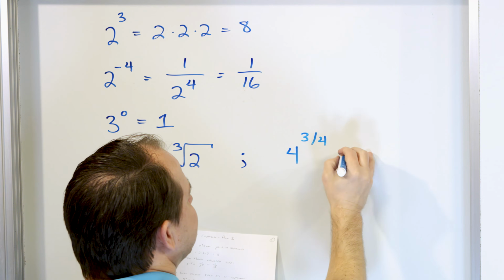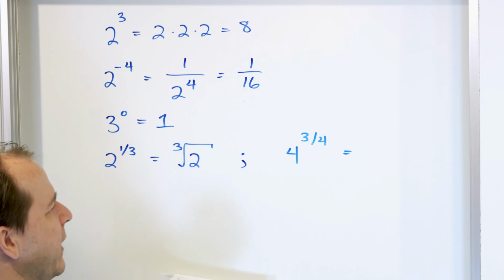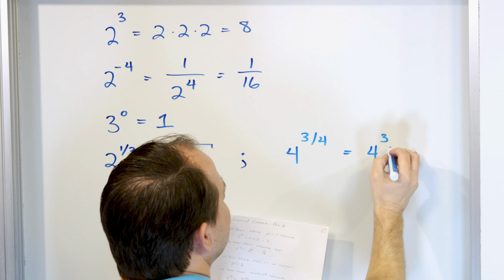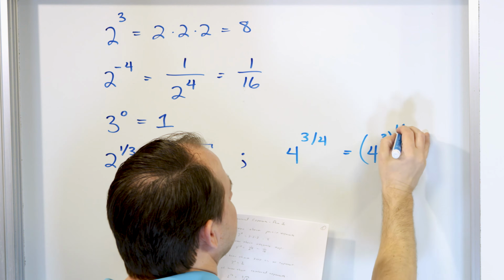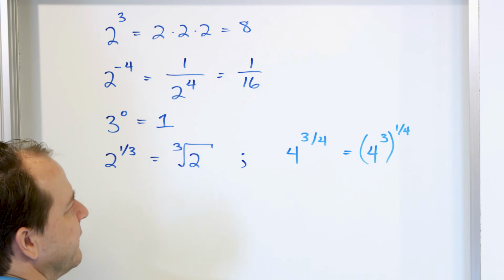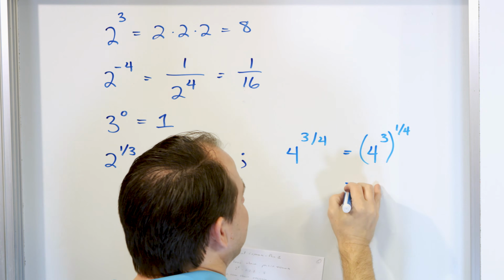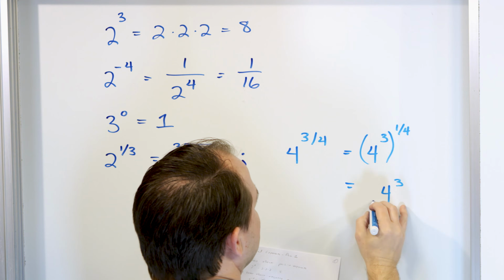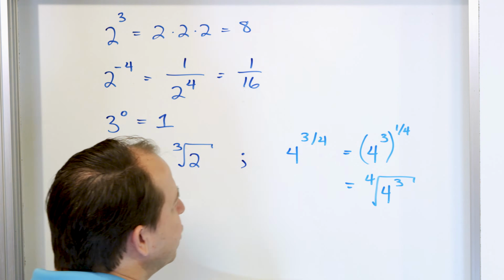We can write this 4 to the 3/4 power a couple of different ways. We can write it as 4 raised to the 3rd power and then to the 1/4 power, because we can multiply these powers together to give us this. And then when we write it this way, what we have is 4 to the 3rd power, and we write it as the 4th root of that.